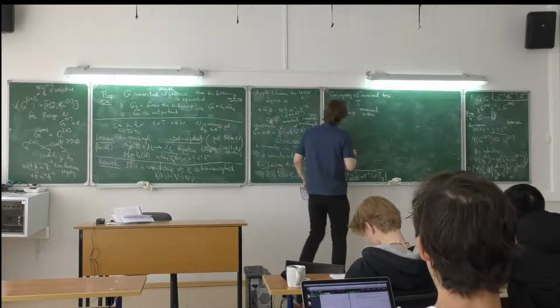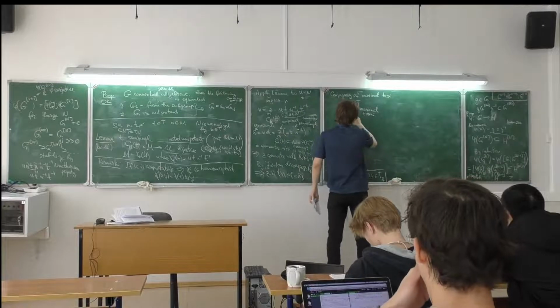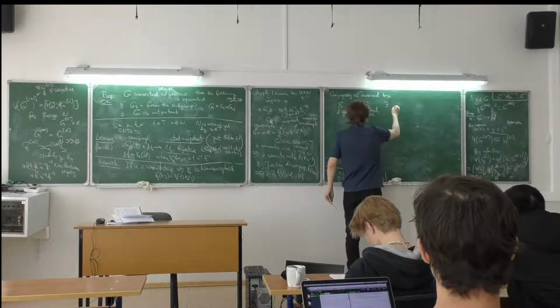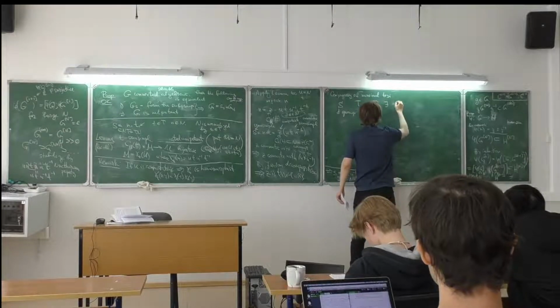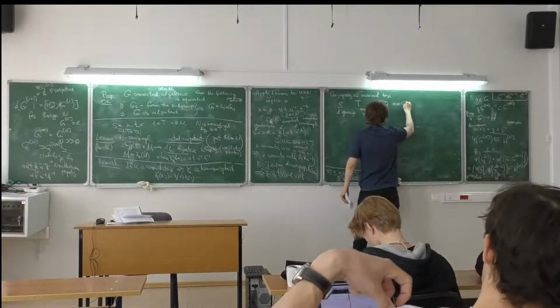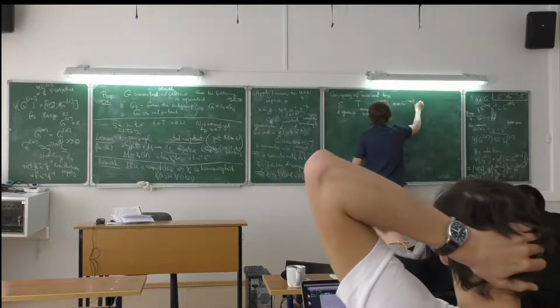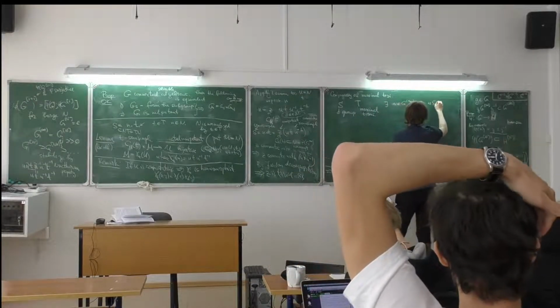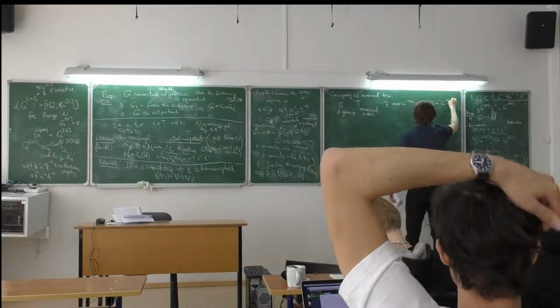Then I claim that there exists an element u from G infinity such that u S u inverse sits inside T.